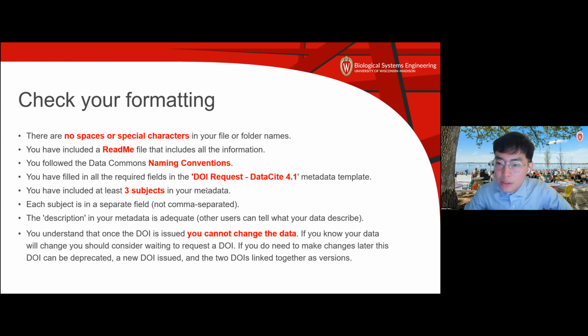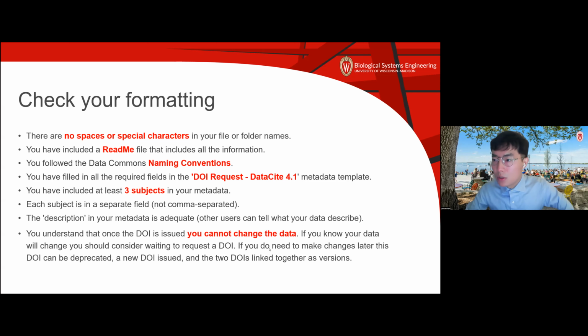If you want a DOI from CyVerse, you choose DOI request, and at least you need to fill in 3 fields of the metadata. And one more important thing is that if you submit the DOI request to CyVerse, you cannot change the data anymore once the DOI is issued to you.